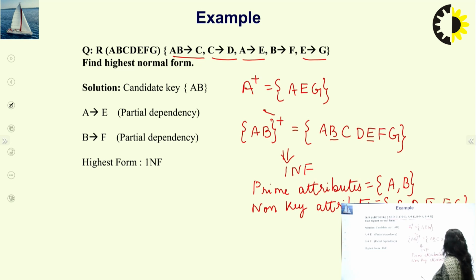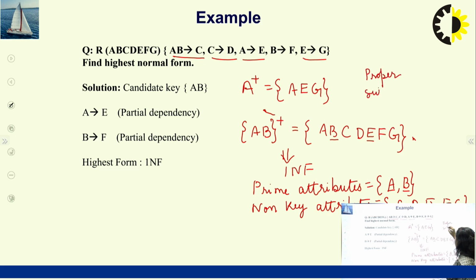Now let's check the condition: a proper subset of the candidate key should not determine a non-key attribute. This is not allowed, this is the partial dependency, right? So there should not be any partial dependency.